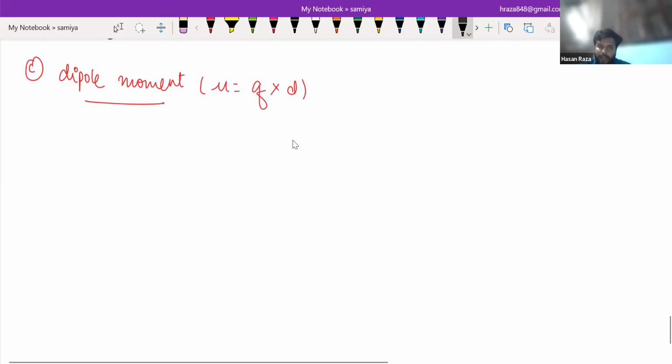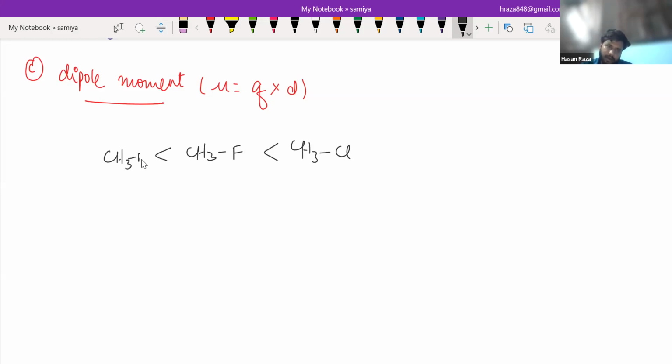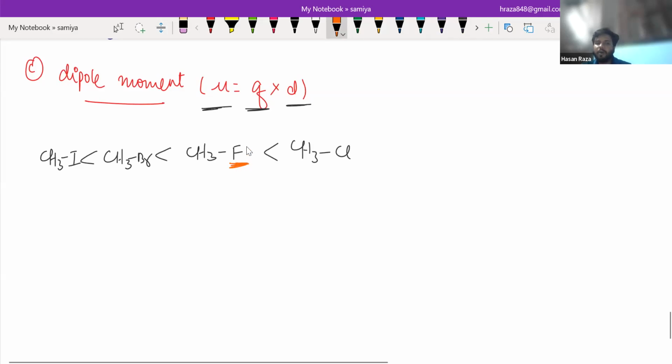The highest dipole moment will be for CH3Cl, and then after CH3Cl it is CH3F, then CH3Br, and then CH3I. Dipole moment depends upon charge as well as distance, the bond length. Fluorine has the highest electronegativity, but the distance will be lower. So experimentally it was seen that CH3Cl has the highest dipole moment, then F, then Br, then I. Please remember it. It's very important.